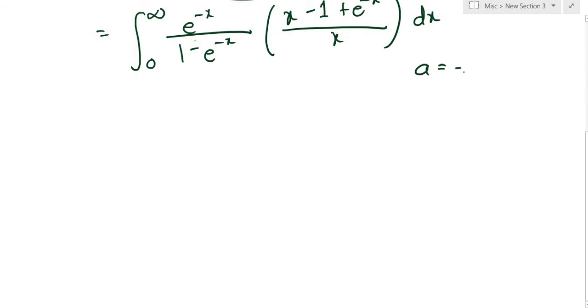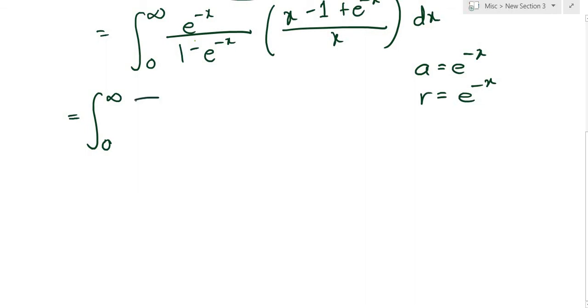So we know that a is e raised to negative x, and our common ratio is again e raised to negative x. So let's just construct our geometric series now, because we know that it converges, and we can assume that this is a direct formula for the sum of the infinite geometric series.